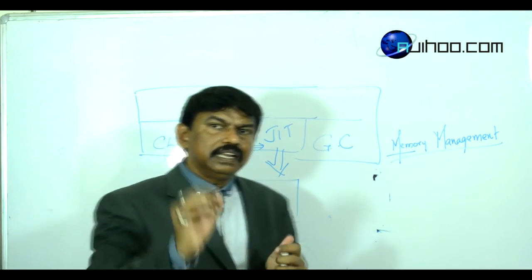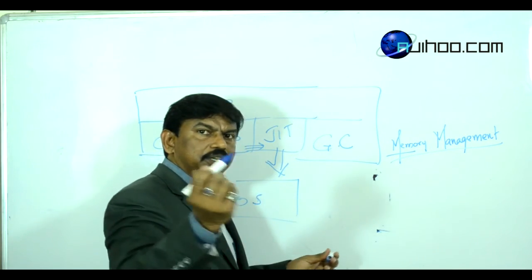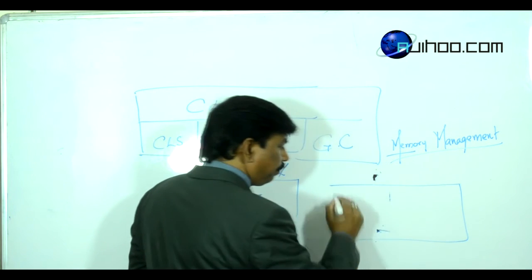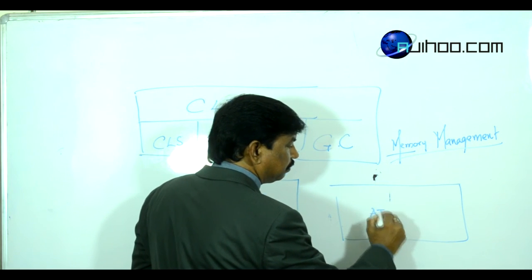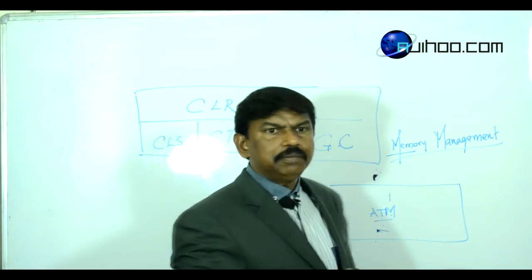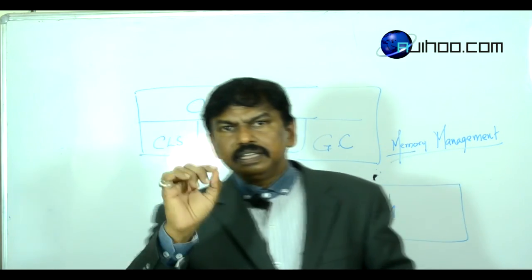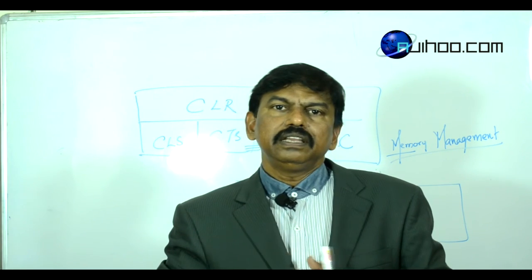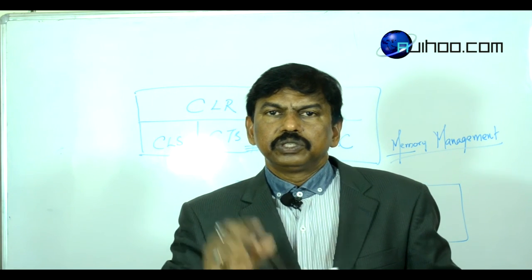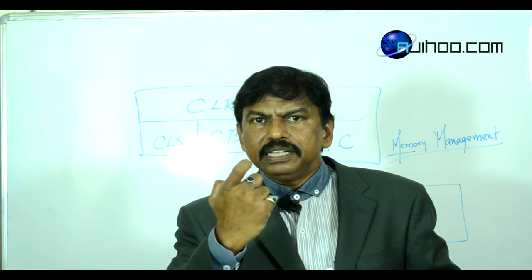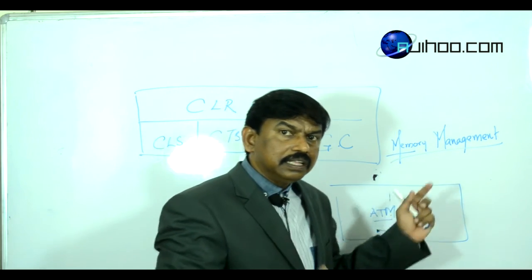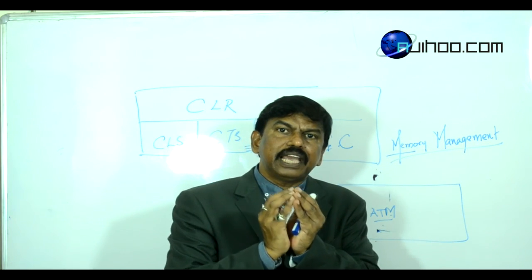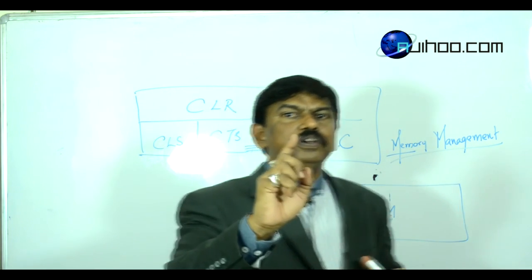Let us consider an example. Suppose the programmer is developing an ATM application. So in the ATM application, the first instance will be asking to read the ATM card. So whenever the card number is read by the application, that card information has to be captured by some memory allocation.